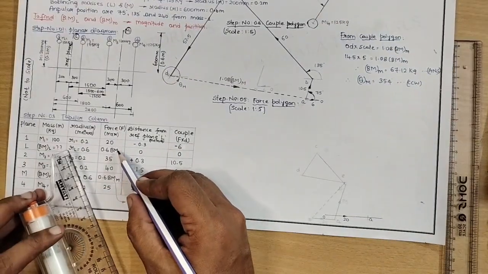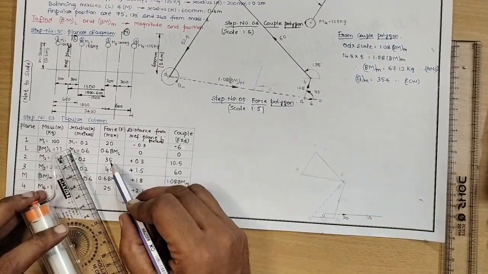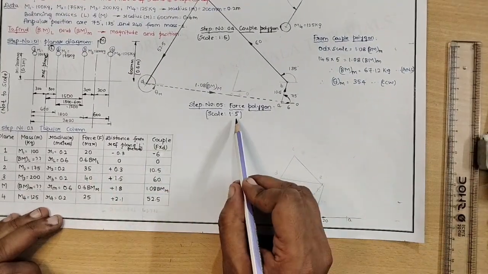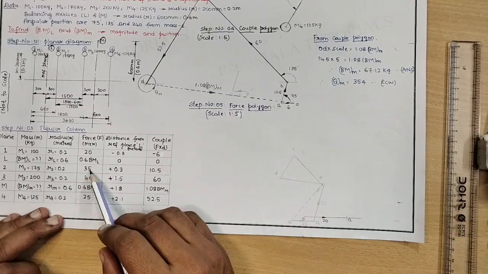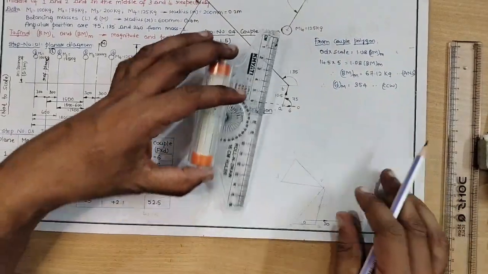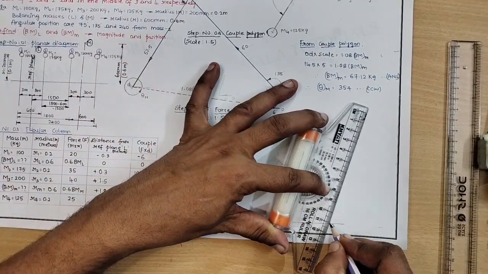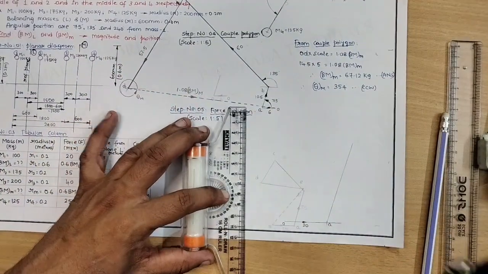The second value here is the unknown term. Please do remember, the unknown term is always kept at the last. This is 35. 35 after dividing by the scale factor would be 7, and this is on mass M2. M2 is along 75 degrees. Keep the roller scale, move the roller scale towards the point A. Draw a 7 centimeter line.